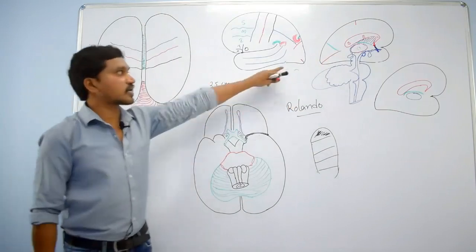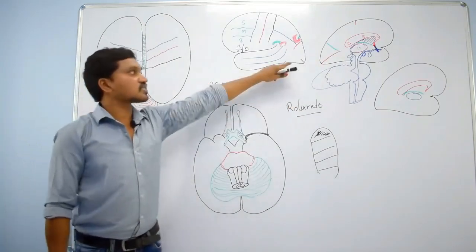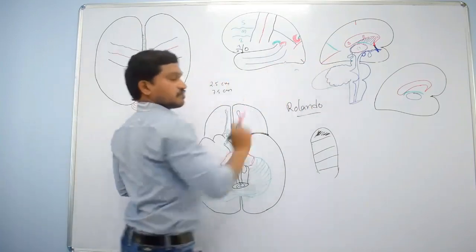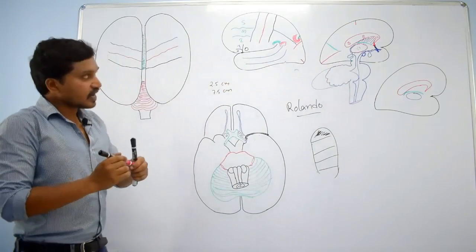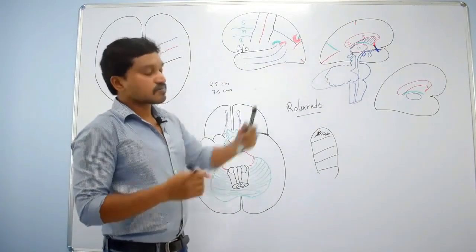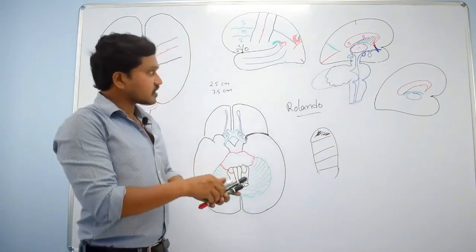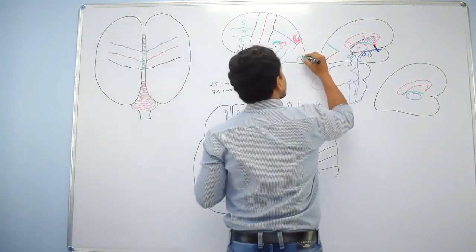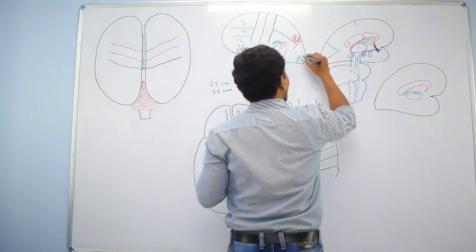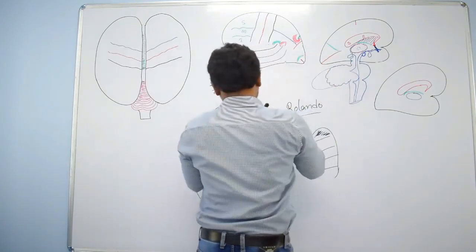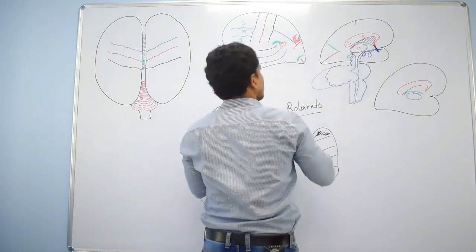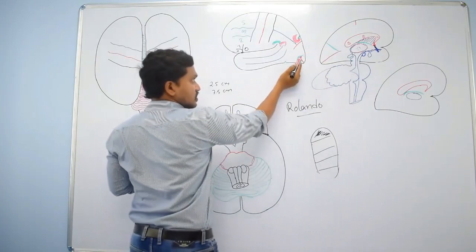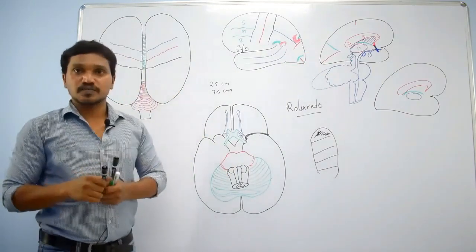This is the calcarine sulcus, and it comes and touches a semilunar or half-moon shaped sulcus. This sulcus we call the lunate sulcus. See here, this green one that I have drawn. This is the lunate sulcus, right?